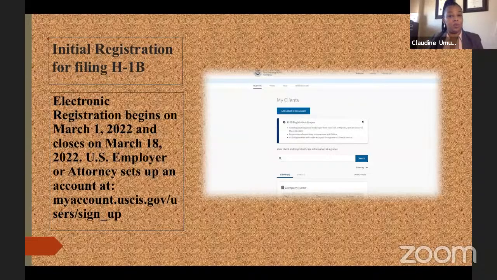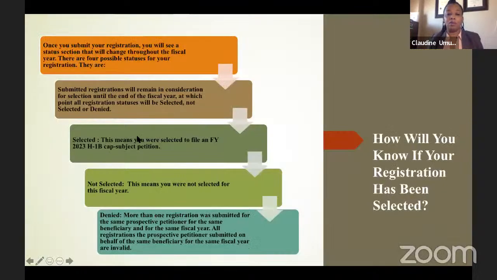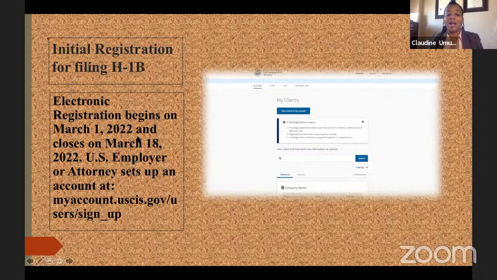So what are they going to do? The employer by themselves or with the help of an attorney can, beginning February 22nd, set up an account on this site. We try to put the images on for you to see. The account is on myaccount.uscis.gov/users/sign_up.